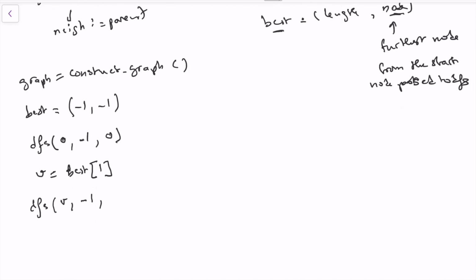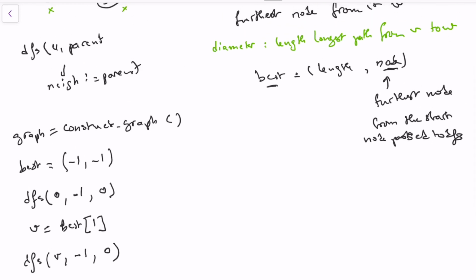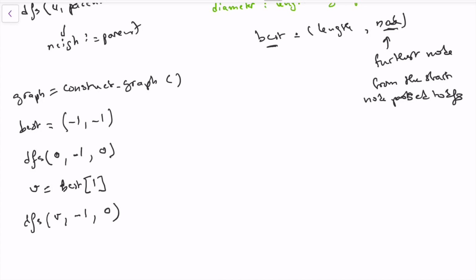And then we need to pass the length, and that's 0 as a start, and this will return the furthest path from that V all the way to the furthest node from it, and the length of that distance is the diameter we are looking for. And so we could just return that length, which is just the value in best at position 0, right?